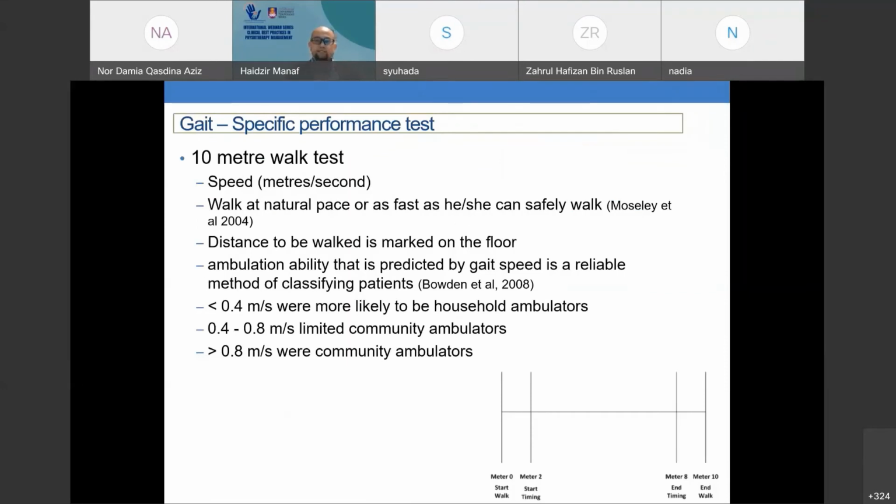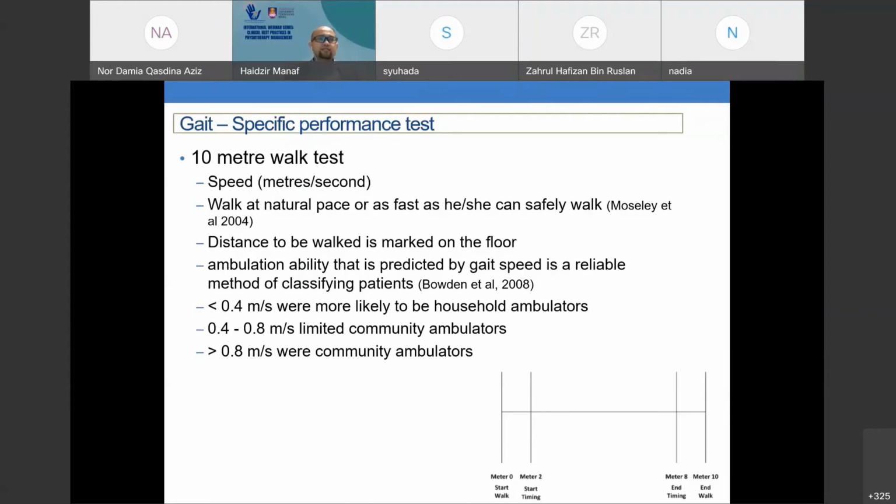This is one of the outcome measures that we can use to measure patients' gait speed. The 10-meter walk test is used to assess walking speed in meters per second over a short distance.